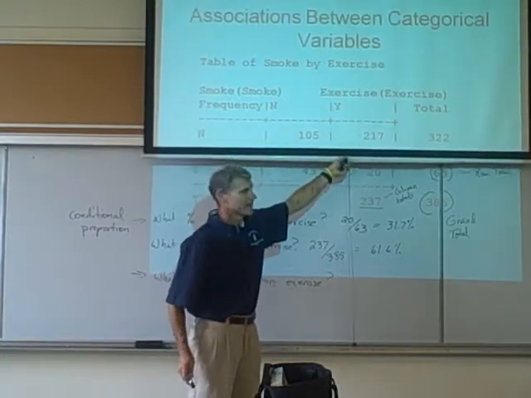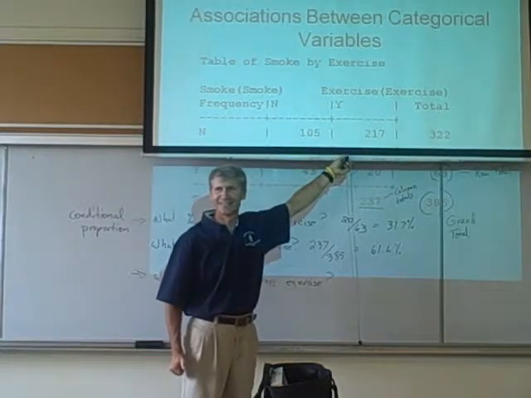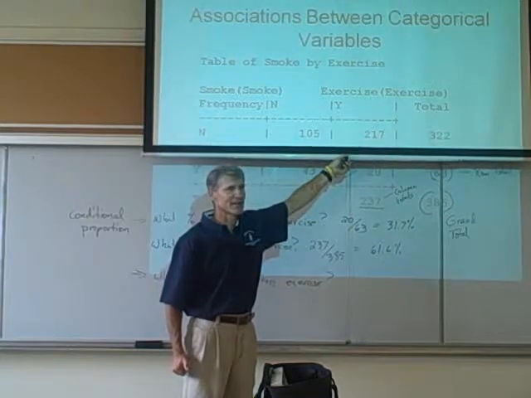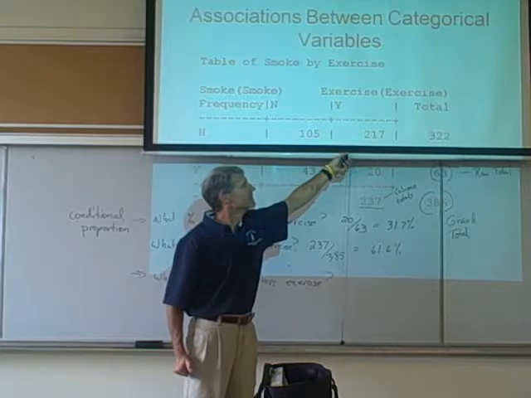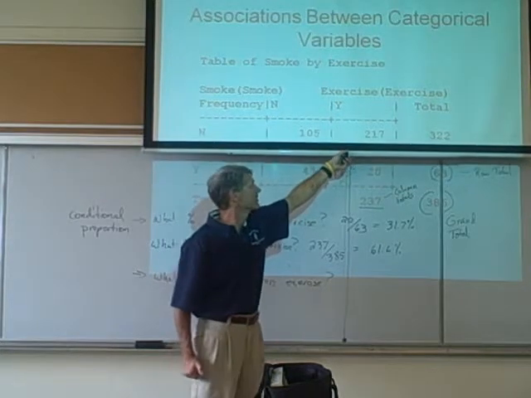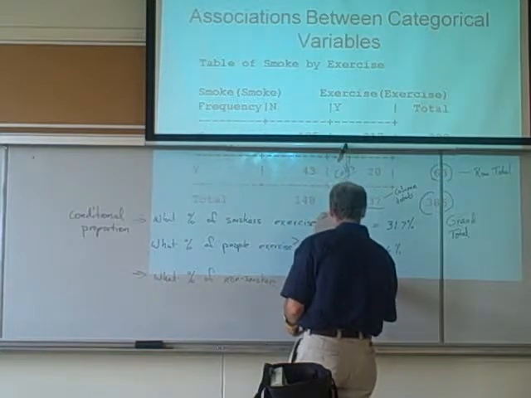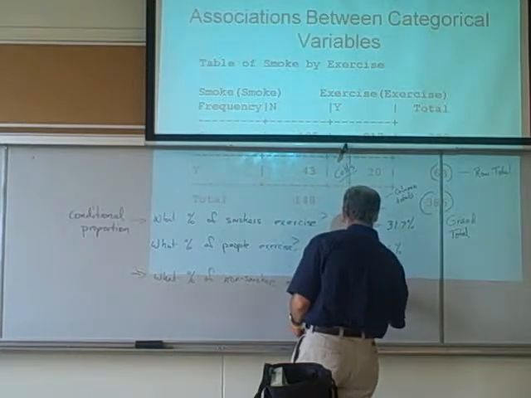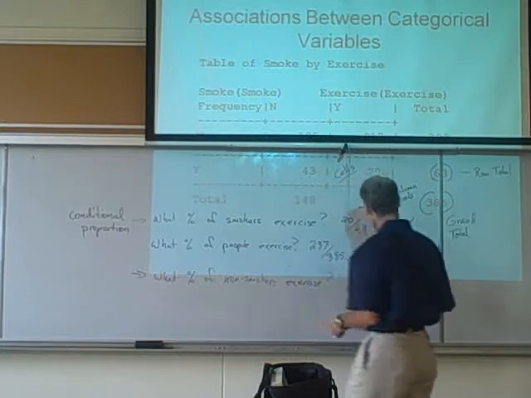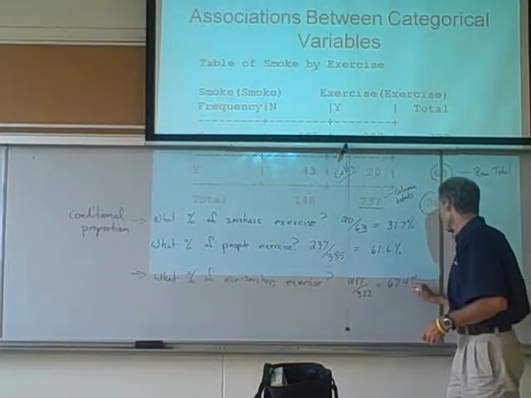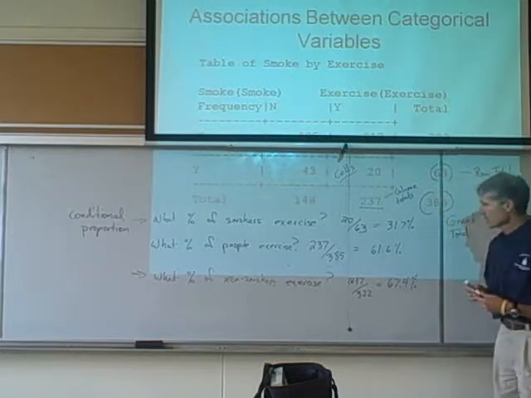But I just told you what numbers you're supposed to be using. So what two numbers do you divide? 217 and 322. 217 by 322. 217 over 322, and that gives you how much? 67.4%. Okay?